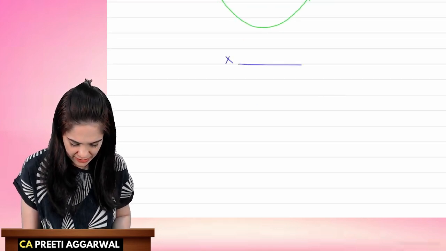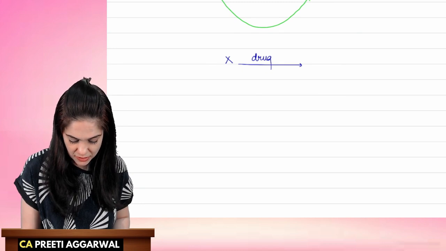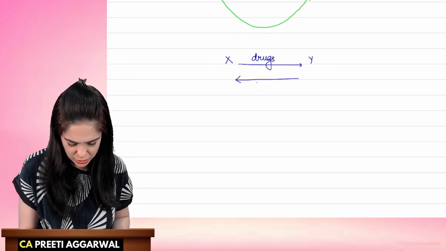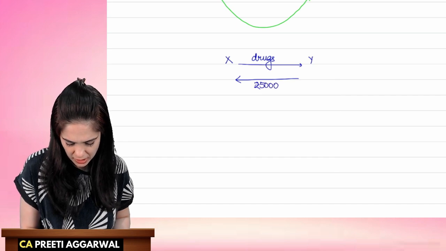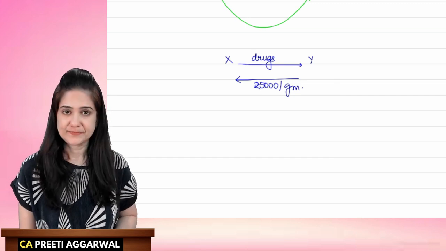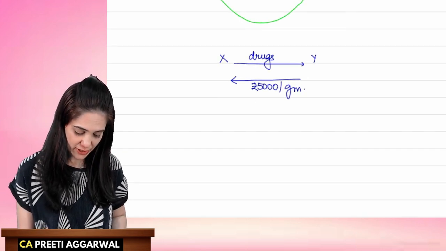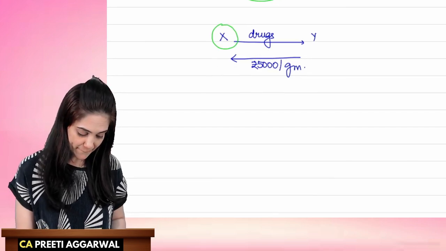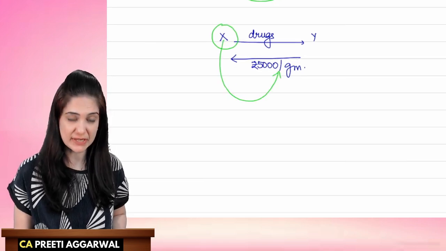Last example. X agrees to sell drugs, opium, to Y, and Y agrees to pay 5,000 rupees per gram. What is the consideration for X? If he is giving drugs, what is he getting in return? Money. So for him, consideration is money.